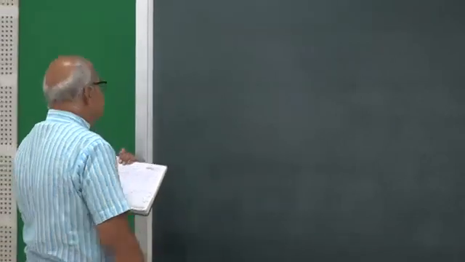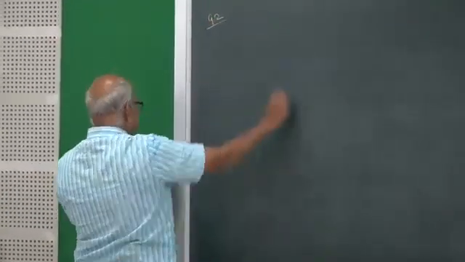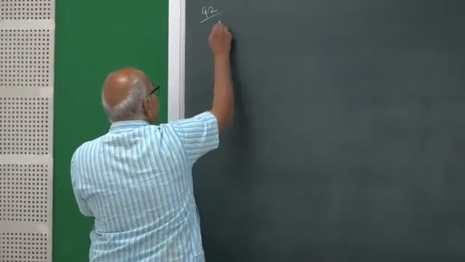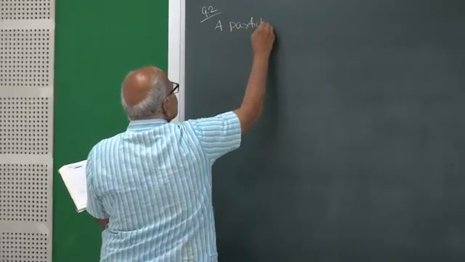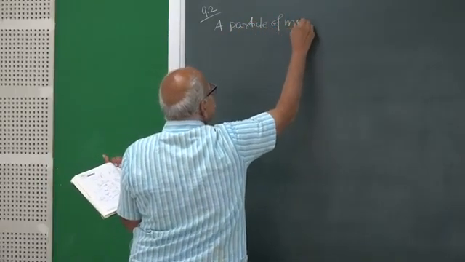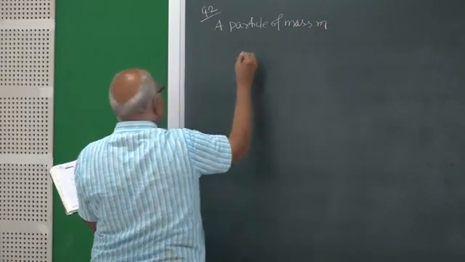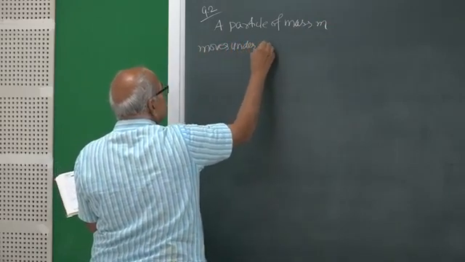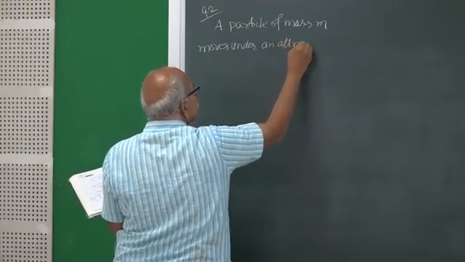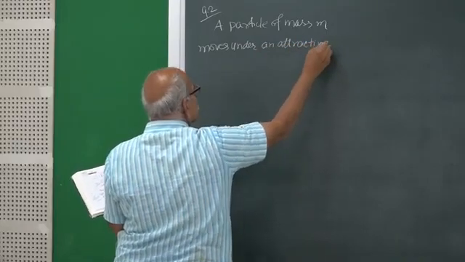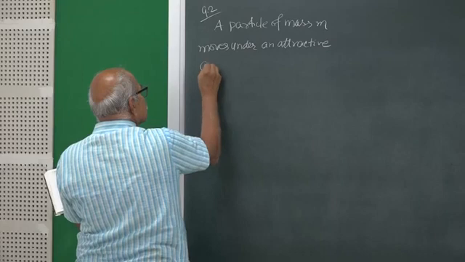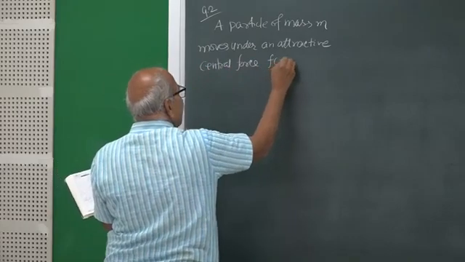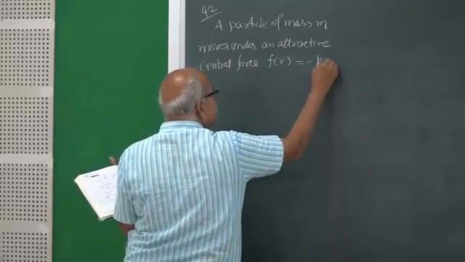The question is based on 9.2 of our Kleppner-Kolenkow book. A particle of mass m moves under an attractive central force F of r is equal to minus k r cube.